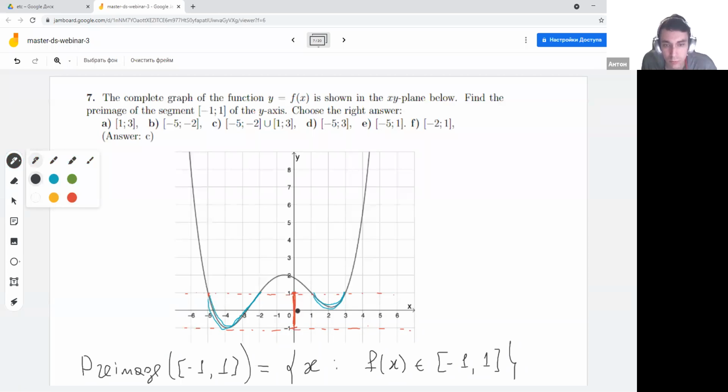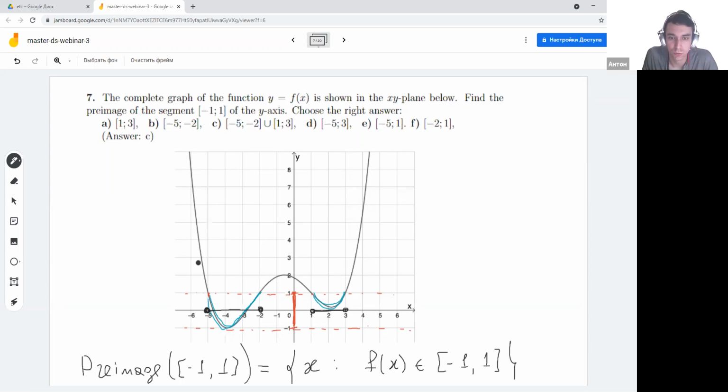So these blue parts of the plot correspond to this segment on the x-axis and this segment on the x-axis. So there are two segments, and both of them are parts of the answer.